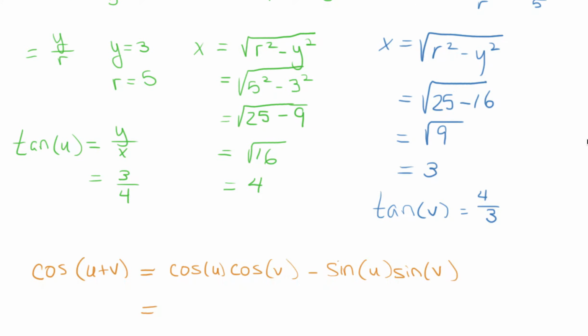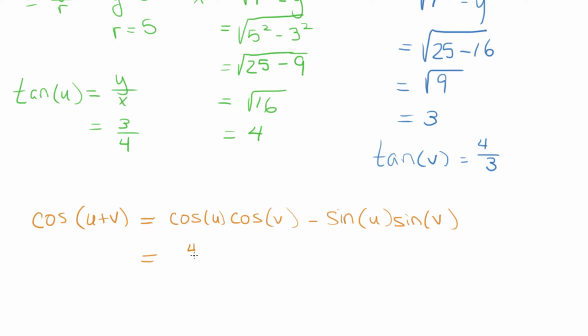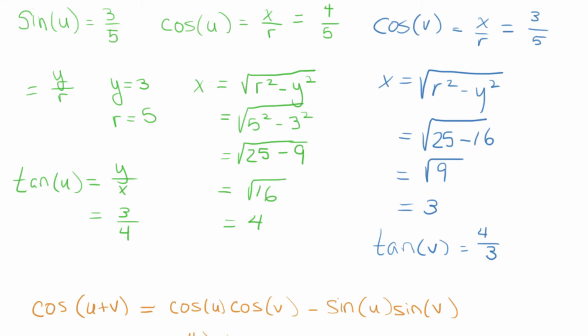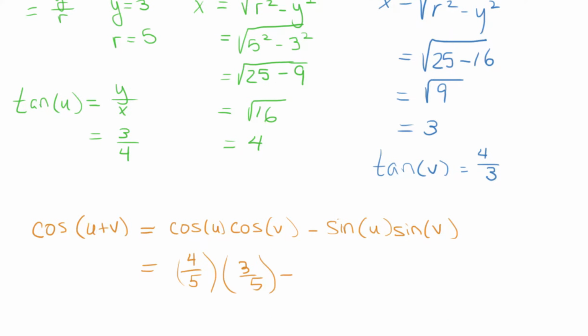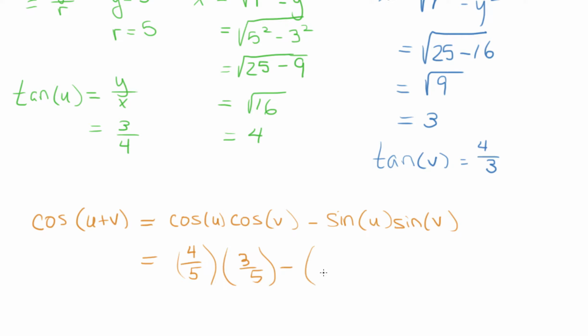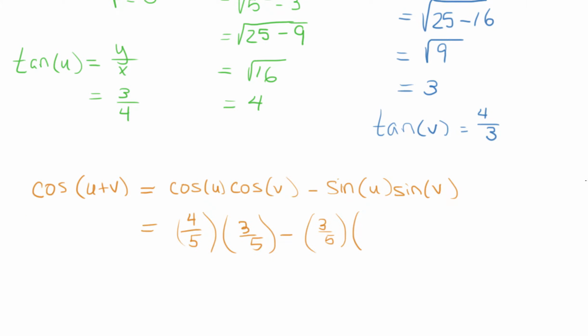It gave us 4/5. What's cosine of v? Well, we calculated that, 3/5, minus sine of u, which we know is 3/5, times sine of v, which we know is 4/5. Notice that these two terms are the same, so this is equal to 0.